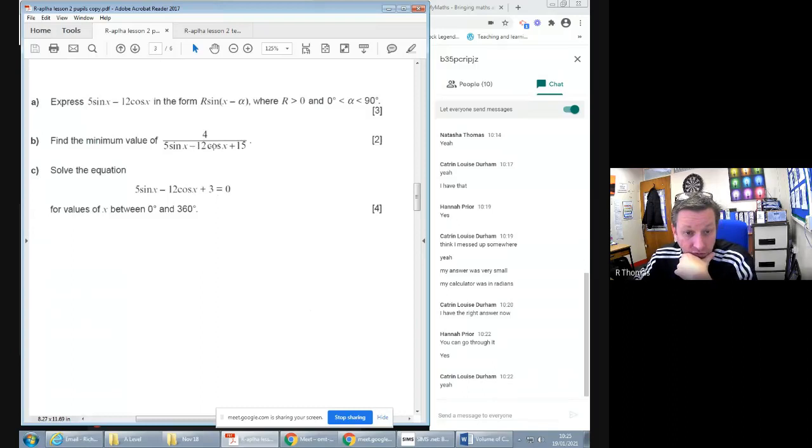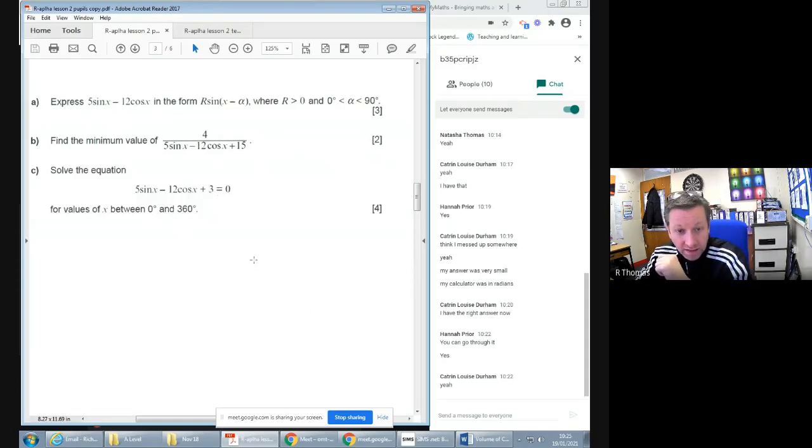Replace this then with your new expression so you can work out the minimum value. Don't forget you need the denominator to be at its maximum, for this fraction to be at its minimum value. And then again, replace this bit for what you've worked out earlier. Take the 3 over as a minus, etc., etc., and get all the values between 0 and 360.